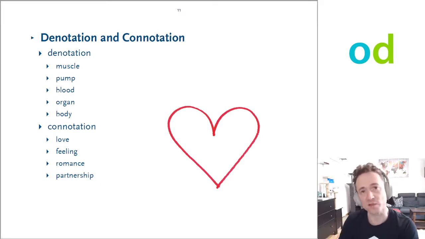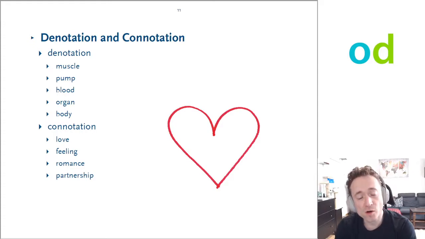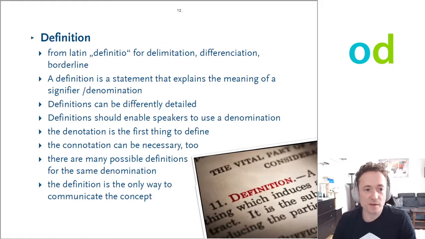But they could be associated with this specific sign. There are also connotations sometimes that really depend on the context, so they can really go into different directions. So be aware of that. All signs kind of work like that.